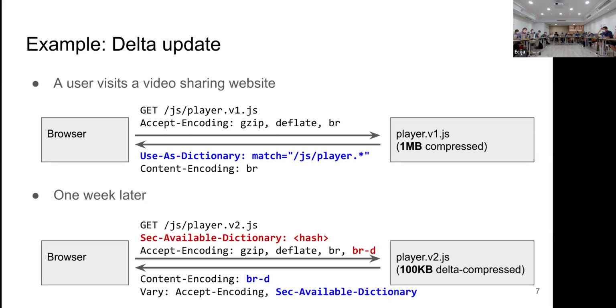And the Accept-Encoding HTTP request header will contain a new compression encoding, br-d, which indicates shared Brotli dictionary support. The server can return a delta compressed version of the player, which is much smaller than the Brotli compressed version, like 100 kilobytes. The Vary response header should contain Available-Dictionary to handle cached resources correctly, especially CDNs in the middle.